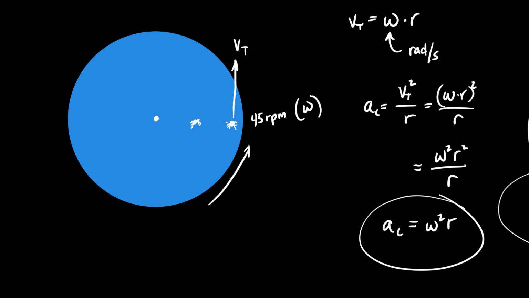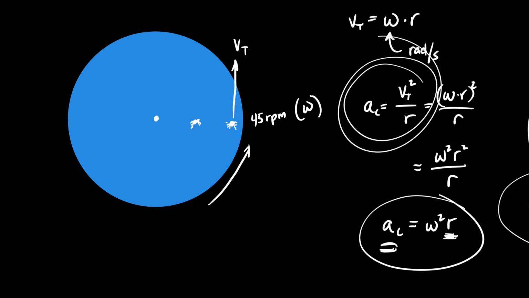There's advantages to this. One advantage is that you'll notice the centripetal acceleration is proportional to the radius. That it requires more acceleration as you move towards the edge of the disk, or whatever it is. It's not clear from the other form that that would be true, because the r is in the denominator.